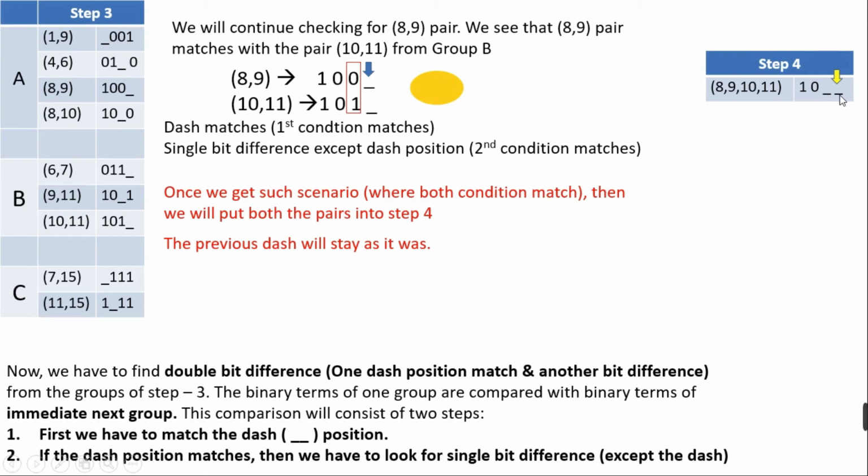We will not touch that. We're just going to put a new dash where we're getting the new difference. We're getting the new difference at the third place, so that's why we put a new dash over there, and the rest of the numbers stay the same. That's how we're going to put our new sets of pairs into our step 4.